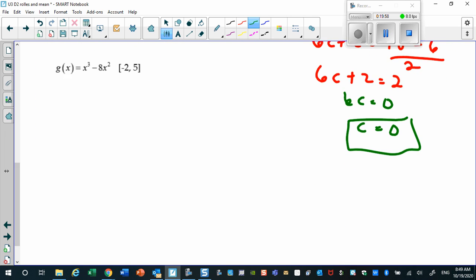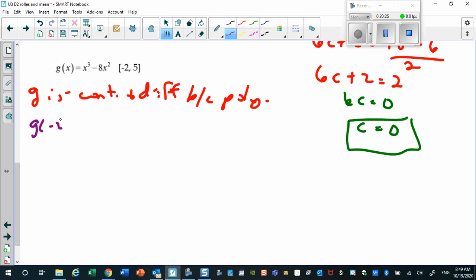Here's my next example. It says g of x equals x cubed minus 8x squared. Before I do that, let me state g is continuous and differentiable because it's a polynomial.